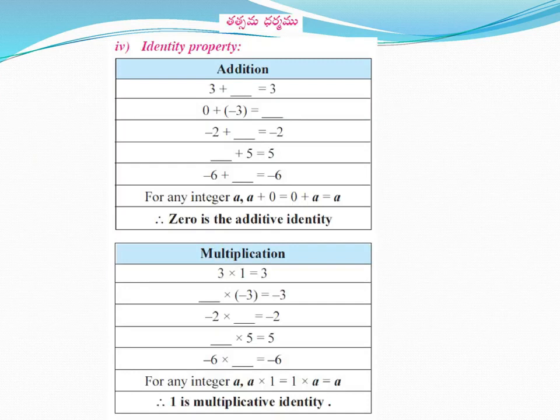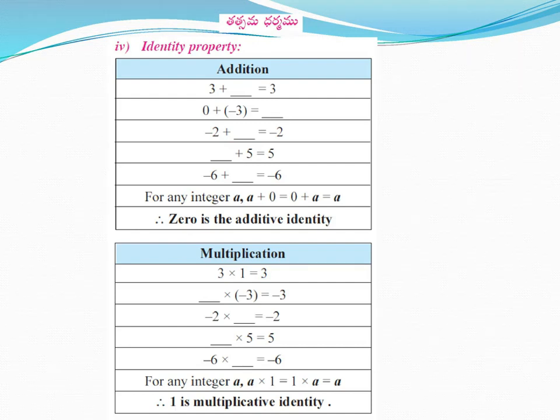Now the multiplicative identity. Suppose we take any integer and multiply by 1. What will happen? The same integer will result. Suppose we take 3 multiplied by 1, we get the product 3, the same integer. So here 0 is the additive identity for integers and 1 is the multiplicative identity of integers.